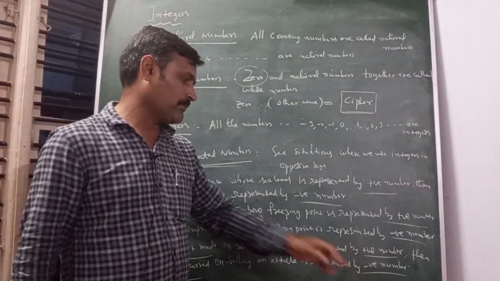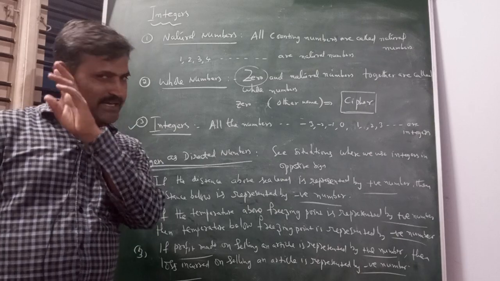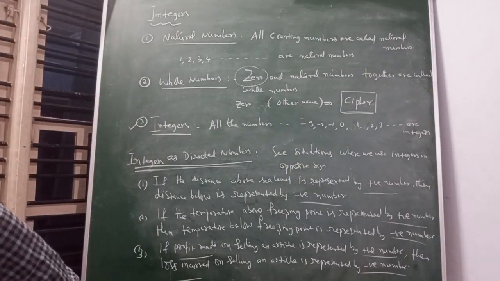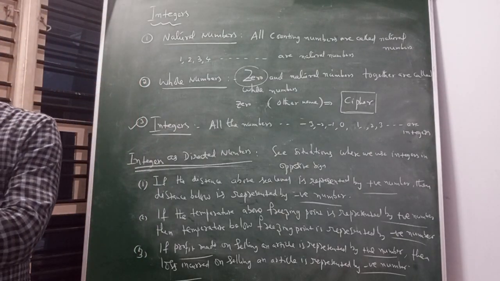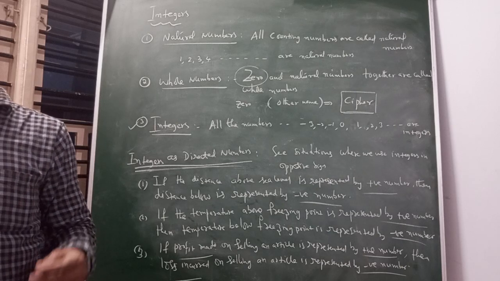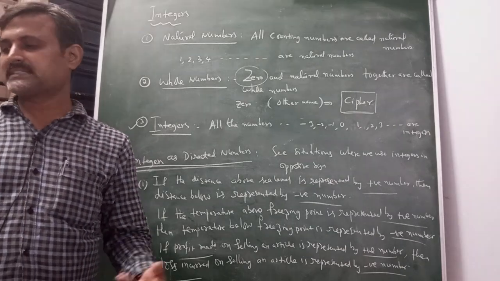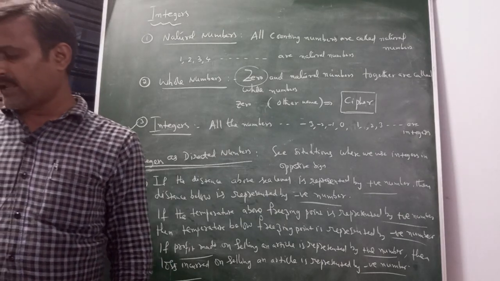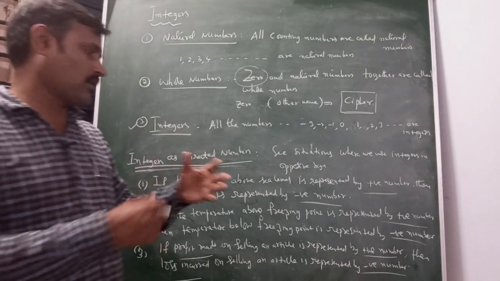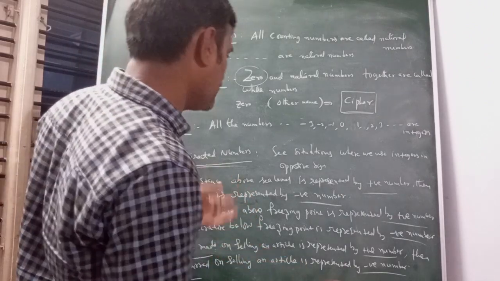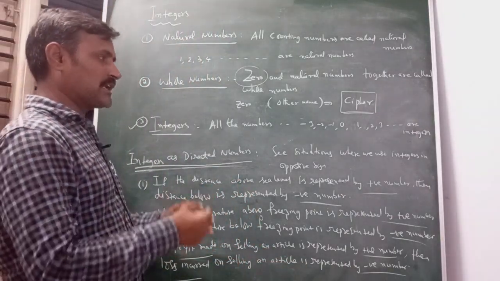So negative numbers and positive numbers we can also understand in different situations. For example, 45 rupees profit is represented by plus 45 and 36 rupees loss is represented by minus 36. When you are selling an article, what does 45 mean?